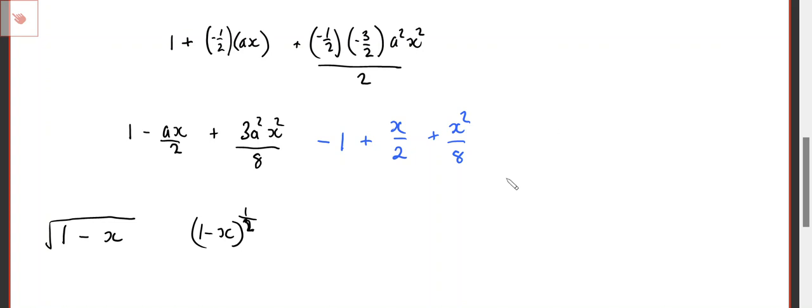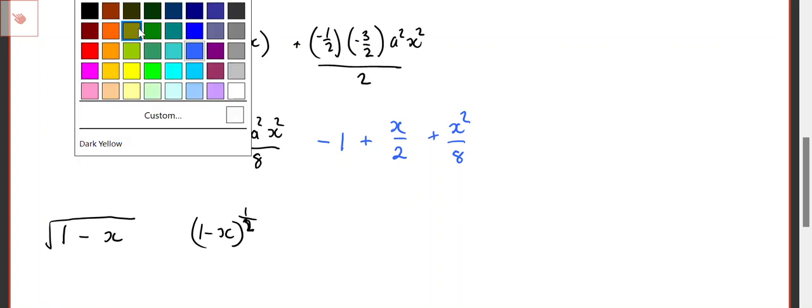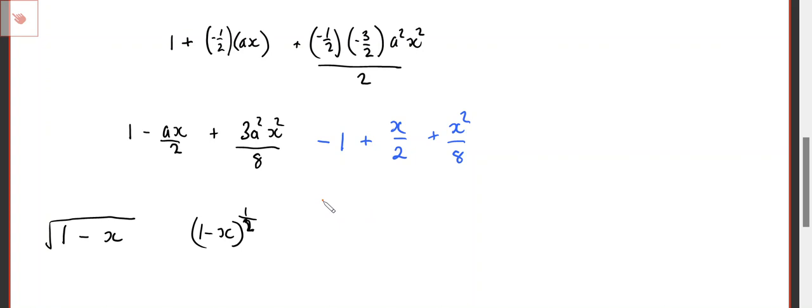Which then, I mean, I'm overdoing it here, but then it's 1 minus 1 minus ax over 2 plus x over 2 plus 3a squared x squared over 8 plus x squared over 8.